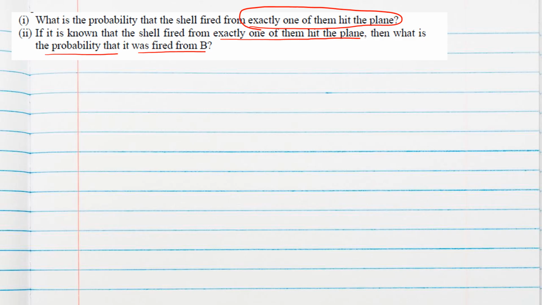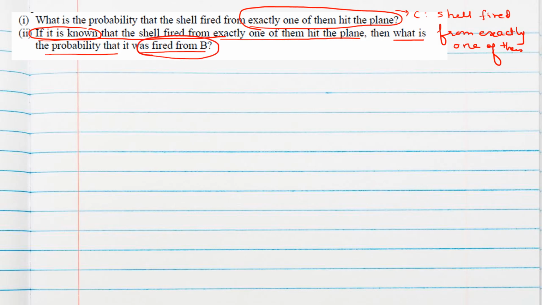We didn't assign any event to that, so let's say C is the event that the shell fired from exactly one of them hit. If this C is the event, then if it is known that exactly one of them hit, that is the keyword to identify that it is conditional probability. We should find the probability that it is fired from B.